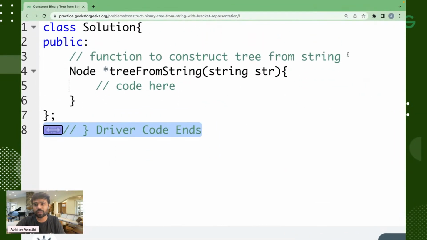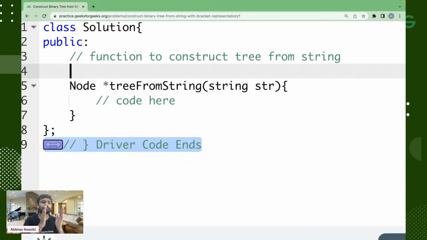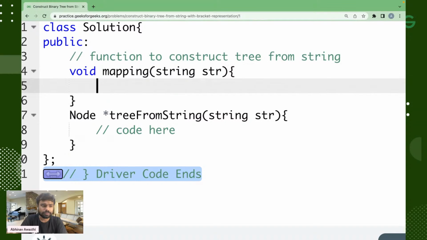So first of all, let's write a function which will basically map the opening bracket to its corresponding closing bracket. For that, I think we will just simply have a void function and let's call it mapping, and we will just pass the string str.